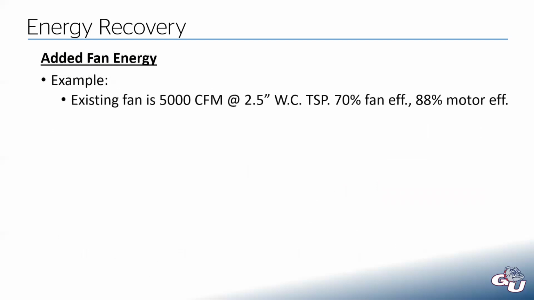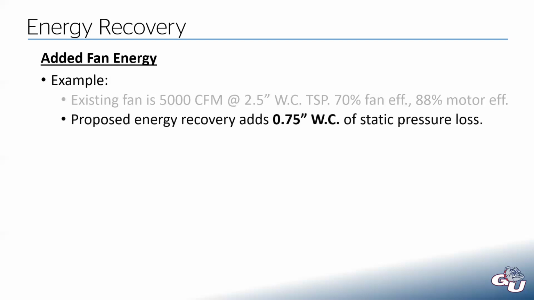As an example, let's say we have an existing fan system sized for 5,000 CFM at 2.5 inches water column of total static pressure with a 70% fan efficiency and an 88% motor efficiency. So we can use that to figure out a fan horsepower.